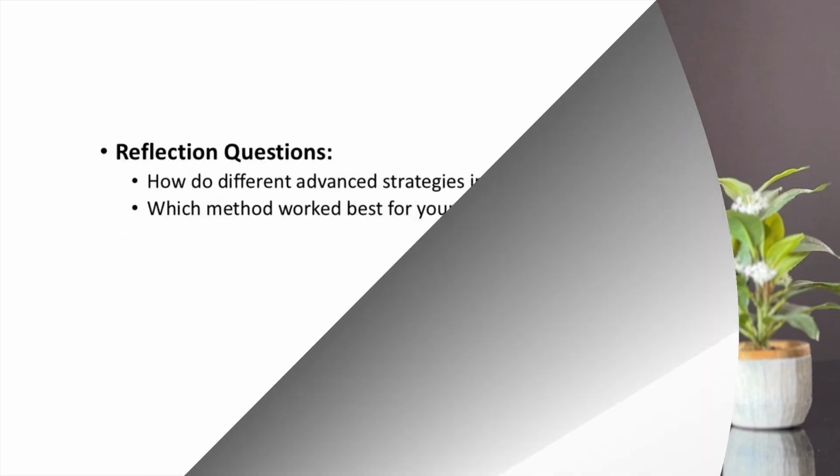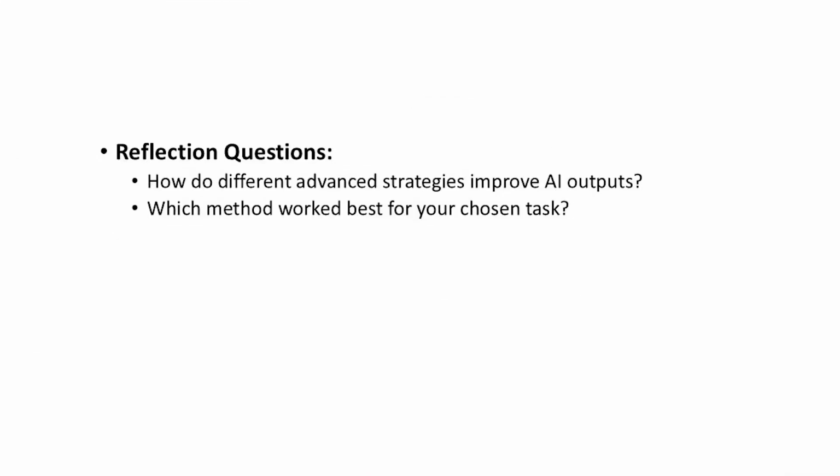Include an apology and explain the expected delivery timeline. After you complete this task, check these reflection questions. How do different strategies, such as adding templates, refining prompts, or including context, improve AI generated outputs? Which method works best for you, choose an activity, and why?